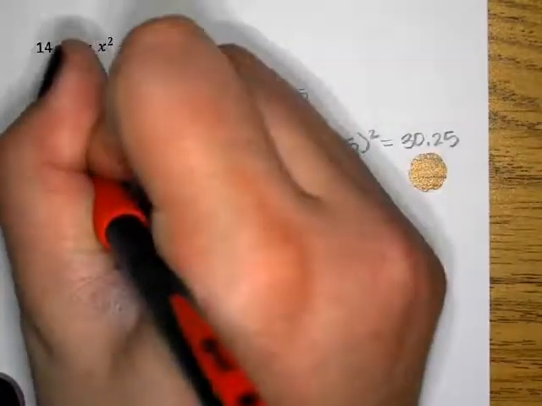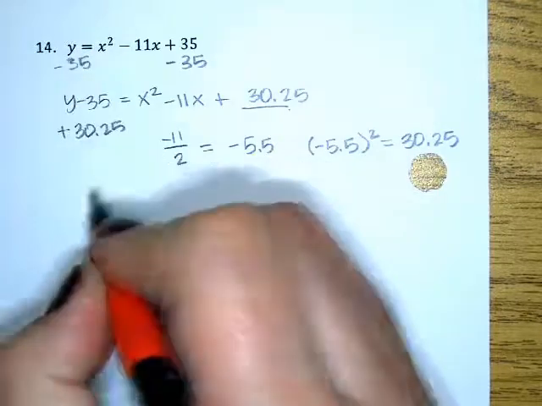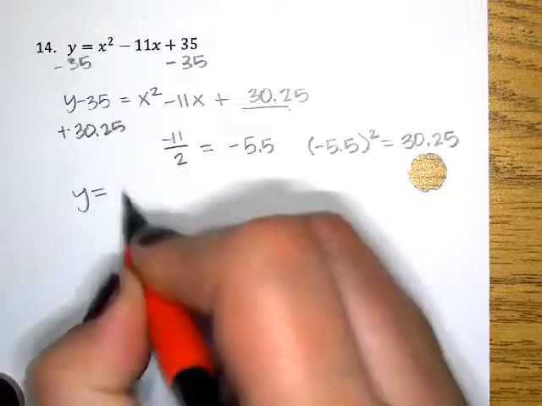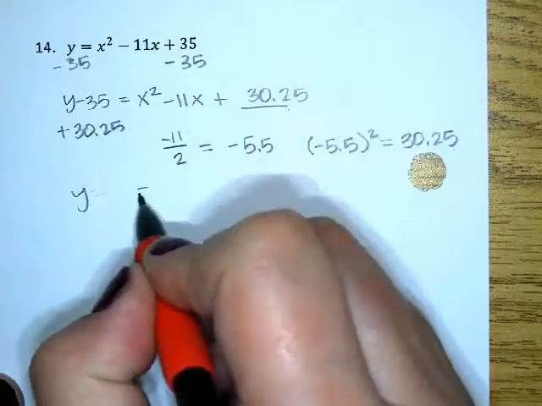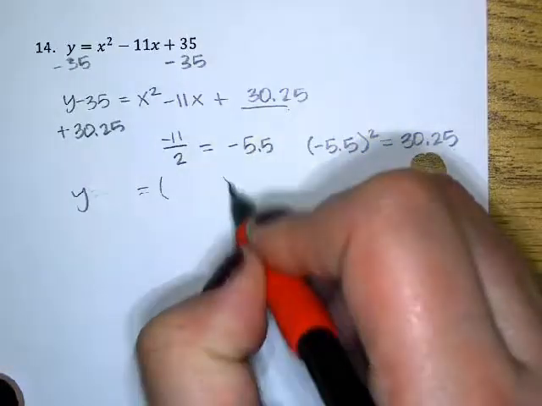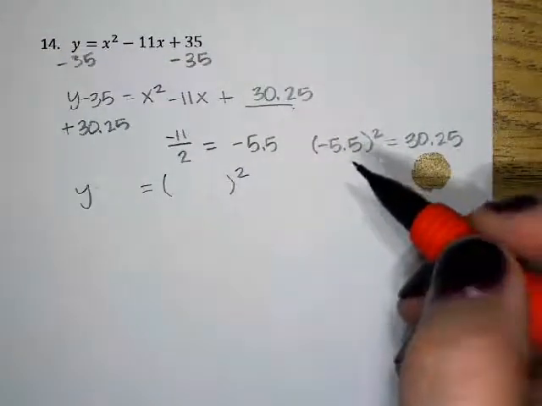Okay. So I've got the y, and I've got a space. And then I've got my little parentheses squared. And in this space, what should I put?